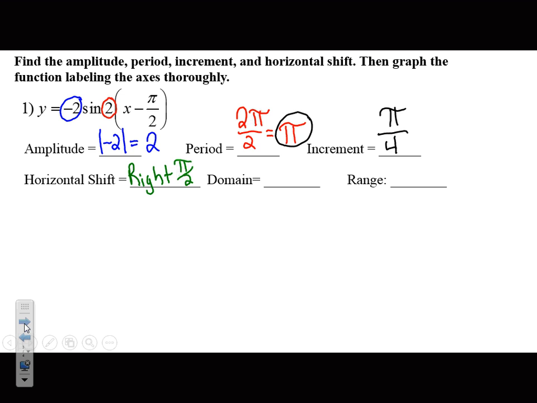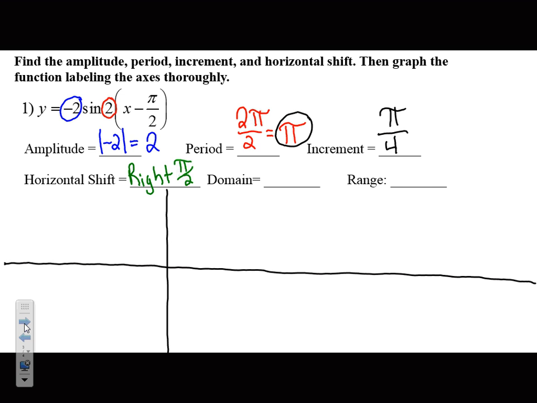Now, since we have all this information, we're going to create our graph. So when we set this up this time, ladies and gentlemen, our x and y axes, since I know I'm going to be moving to the right, I'm going to make my y-axis a little bit further to the left. So when I set this up, I'm going to move right pi over 2.